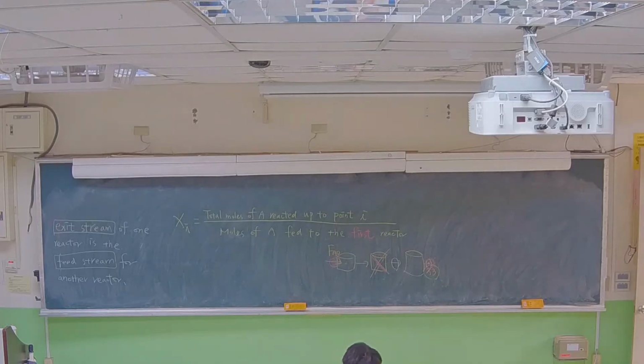This definition is used when the feed stream only enters the first reactor in the series, and no side stream is fed or withdrawn. 这个定义只有用在你的进料只从第一个反应器进去。如果你在第二个、第三个也进了一些东西，就不能这样算，就会更复杂。所以现在讲的 the first example for connection in series, we talked about the simplest case.